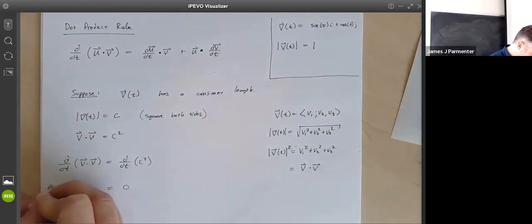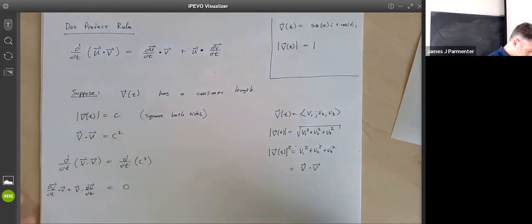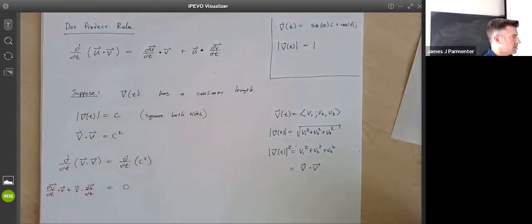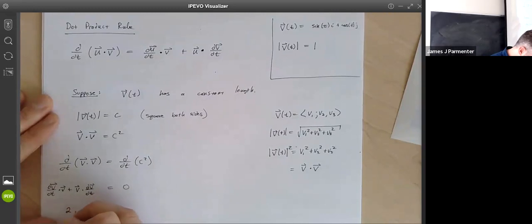It's the derivative of the first vector dotted with the second vector plus the first vector dotted with the derivative of the second vector. But those two things are the same, right? Dot product order doesn't matter. Cross product order definitely matters, right? You get the negative vector if you cross things in the opposite direction, but dot product doesn't matter. So this is really 2 times v dotted with the derivative itself.